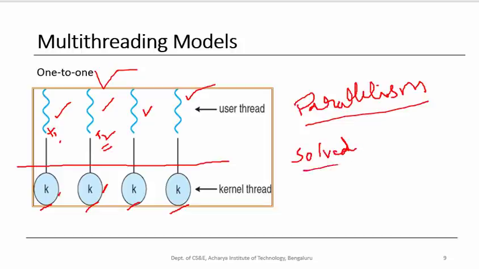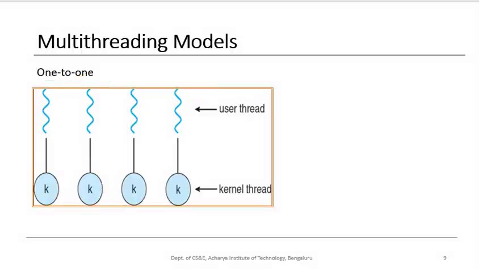All the threads can make system calls at once, and all of them would still run and they are not halted. So that's the advantage of this one-to-one model. Now let us go to the next model and see the advantages and the disadvantages.